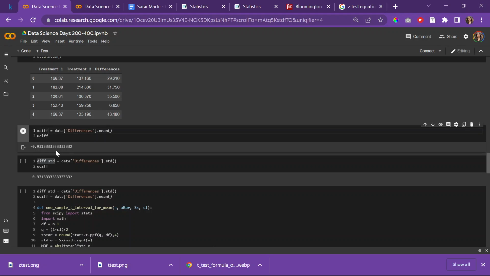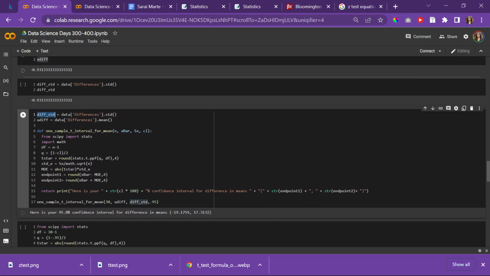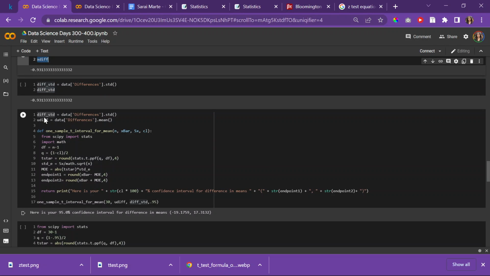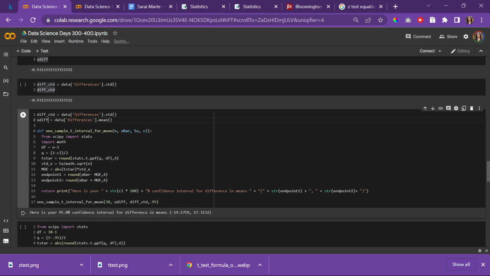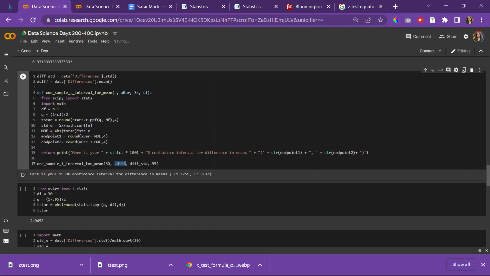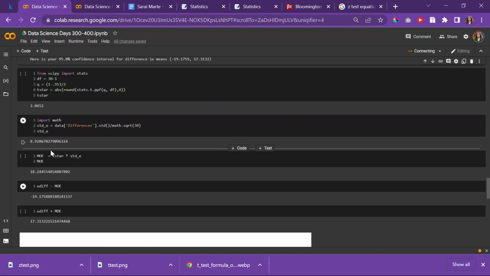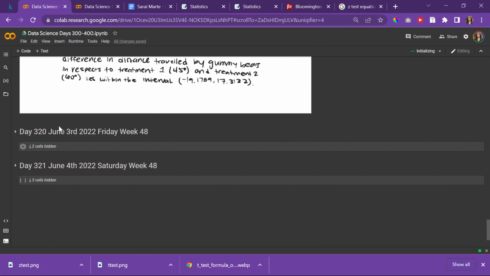What I found was x bar diff. This is the diff standard deviation, and this is mu diff over here, and this is the mean diff. Let's change that. It's still going to be the same thing, but I have to run it from the beginning.